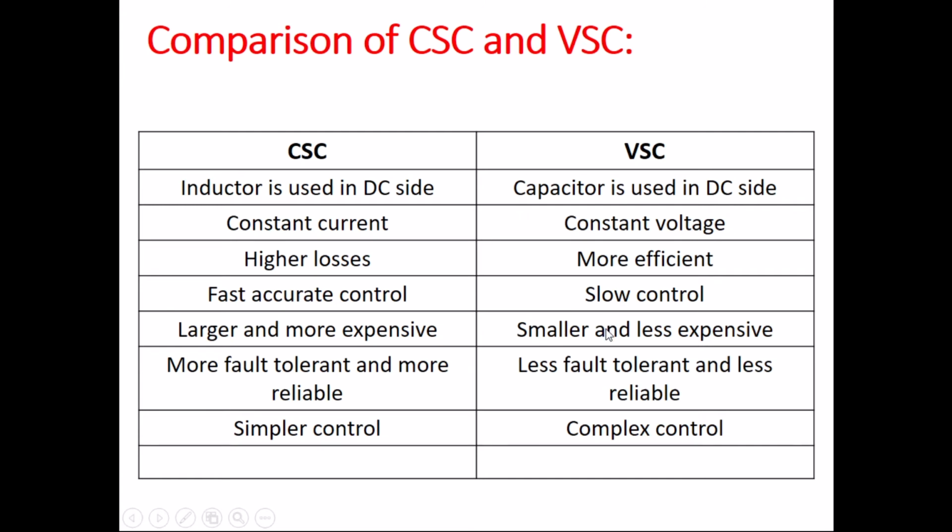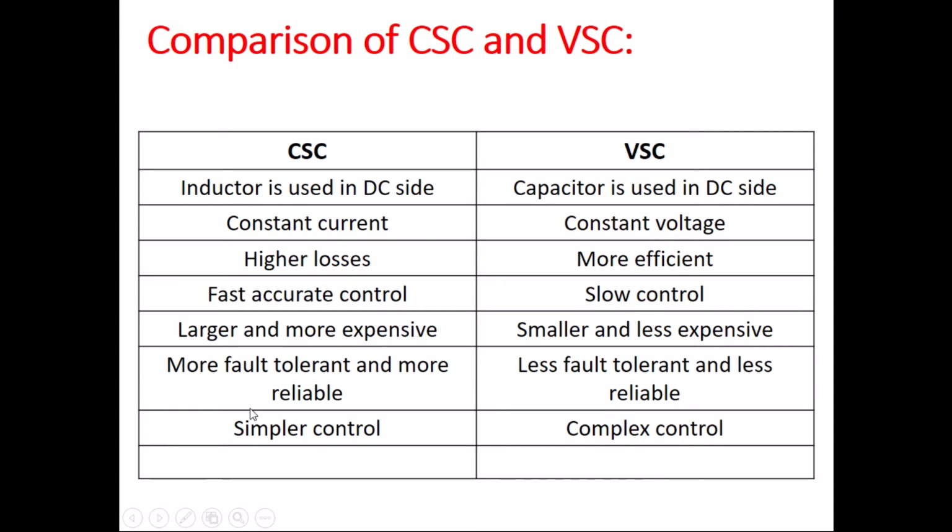In the VSC we use a capacitor, and as we increase the rating of a capacitor its size becomes smaller, so it is less expensive than a reactor. So CSC is large and more expensive, while VSC is smaller and less expensive.